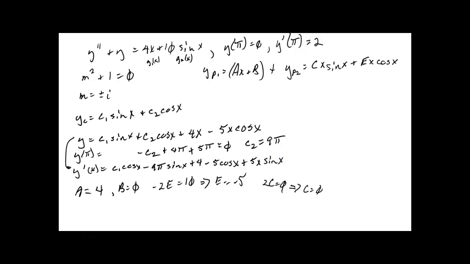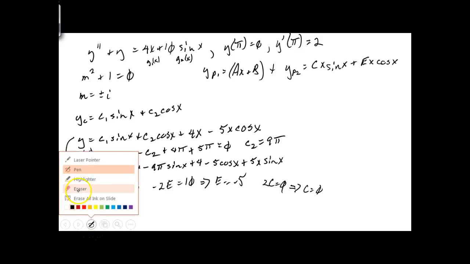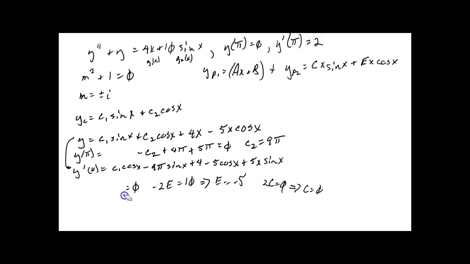Okay, there's your y prime of x. Now, I think I can erase the bottom line now because I've already got all those in. So let's get rid of this line. I sure hope I have them all in. I think I do. Okay.